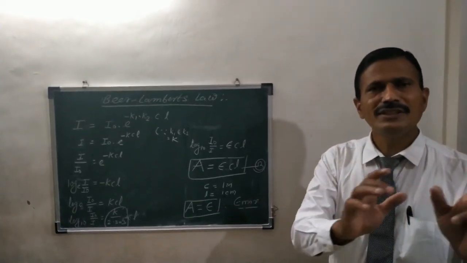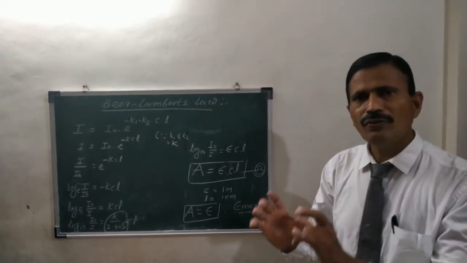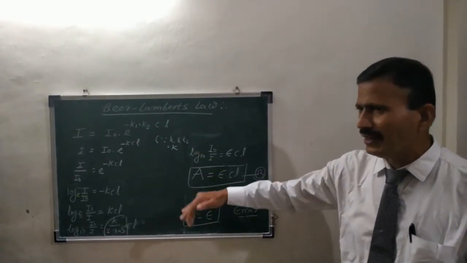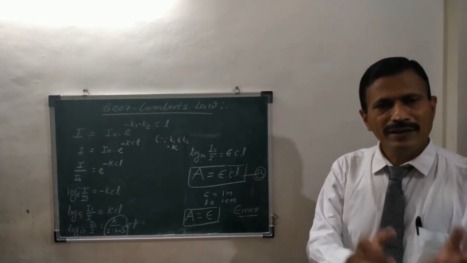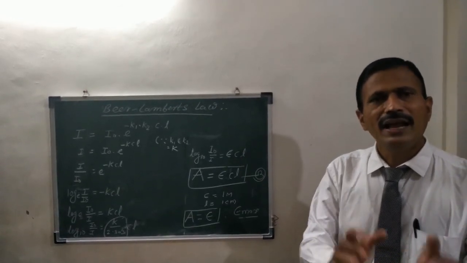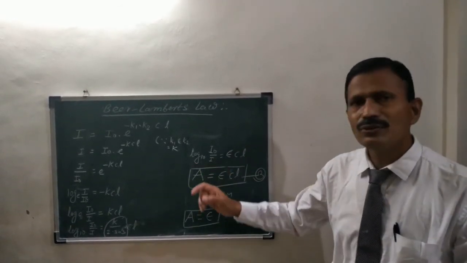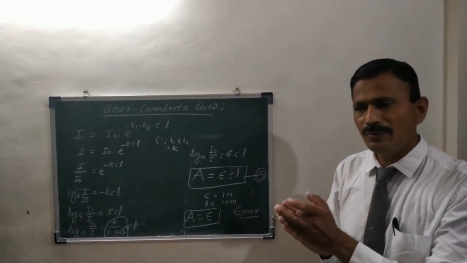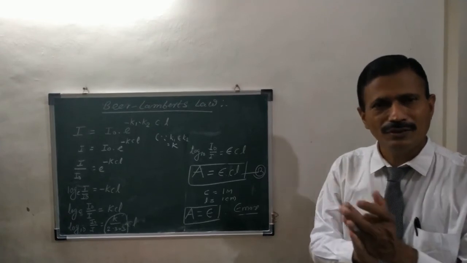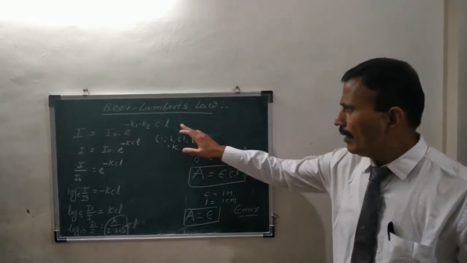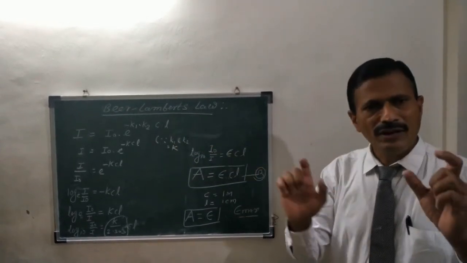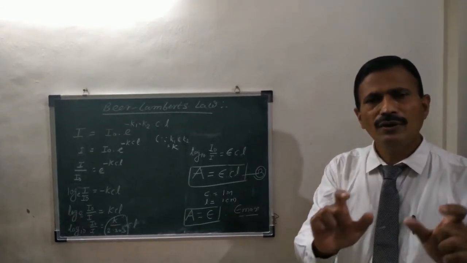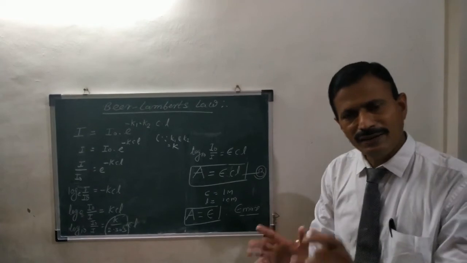So the species must be inert and the solvent must be non-absorbing. Most of the time water, carbon tetrachloride, benzene, and acetone are used as solvents for measurement of various absorbing species. The Beer-Lambert law is quantitatively used for those compounds whose unknown concentration is to be determined.